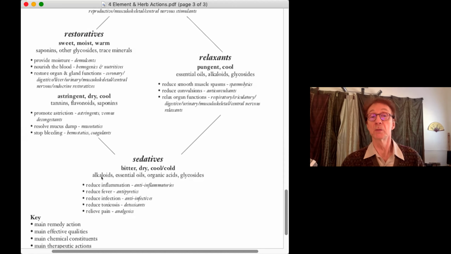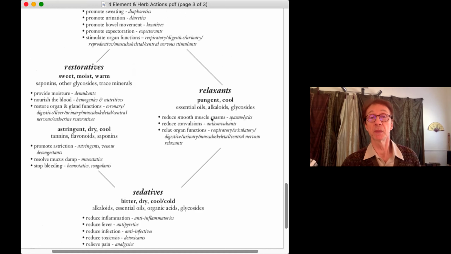Willow bark, the glycosides of willow bark, right? Etc., etc. Some of them contain essential oils like lavender, like melissa, okay? Organic acids like sorrel, okay? So these sedatives tend to reduce inflammation, fever, infection, toxins, detoxicant, relieve pain, etc., etc., right?